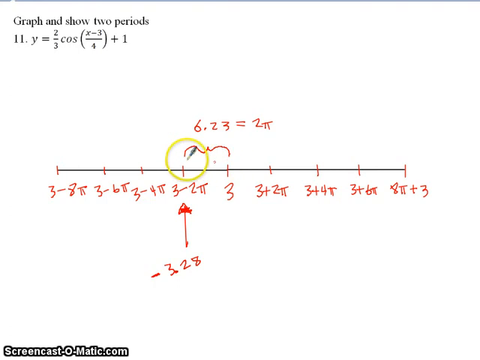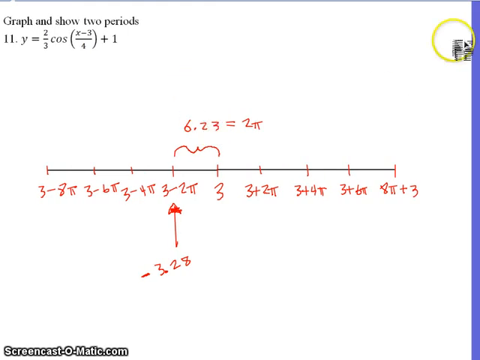Okay, that length is approximately 6.23. And this value here is approximately negative 3.28. And since this value is a positive 3, I know that my y-axis will have to be right down the middle there.